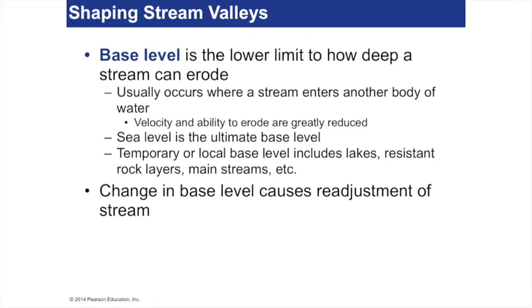All the streams eventually will follow their channel until they come to a place where they empty into a larger body of water. So a stream can empty into a river, or a river can empty into a lake, or a river can empty into the ocean. Sea level is the lowest level that water flows because it's the zero mark worldwide.